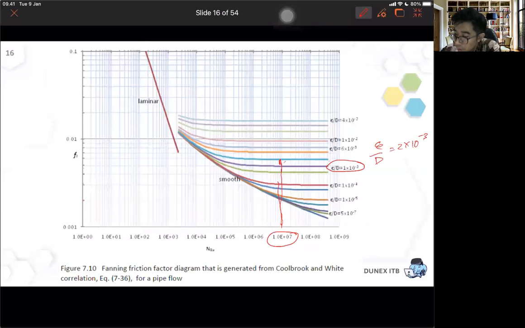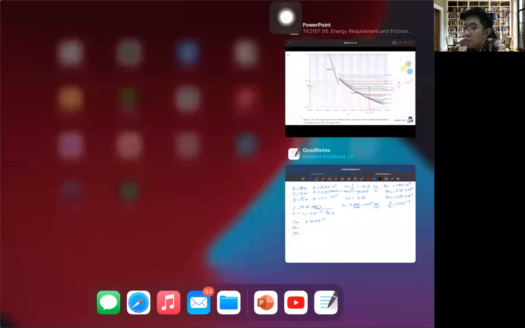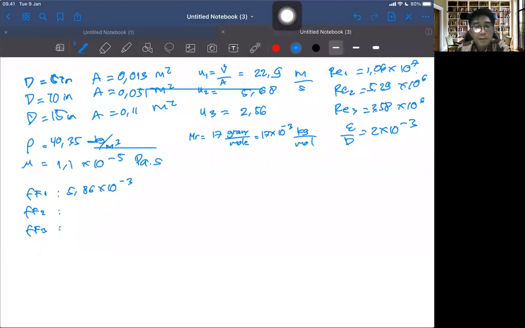I think it's already okay. Two, three, four, five. Yeah, it's right, sir. It's around this one, right? So it should be okay. You can use the formula. How about the second and the third one?